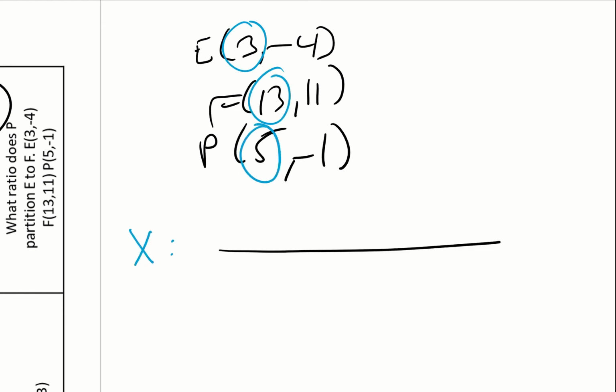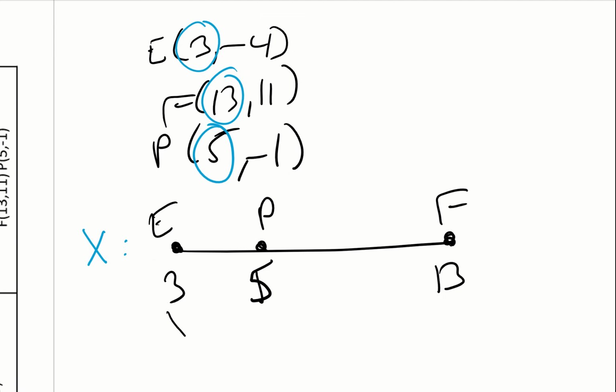So here the x coordinates are, well, let's put them in order. So the first x coordinate is point E, which is at an x-coordinate of 3. The next coordinate is P, which is a value of 5. And then the last coordinate is F, x value of 13.